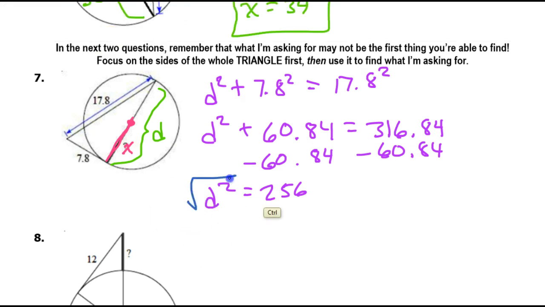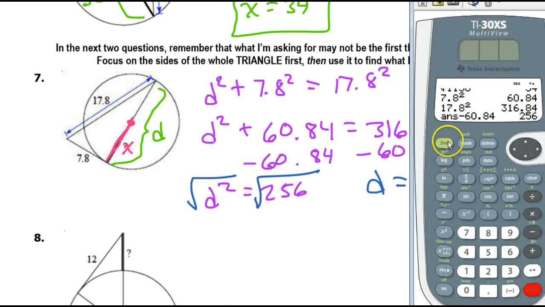And then I take the square root of both sides to get the d by itself. And that is 16.